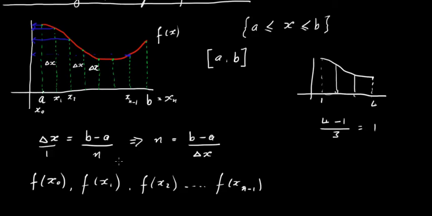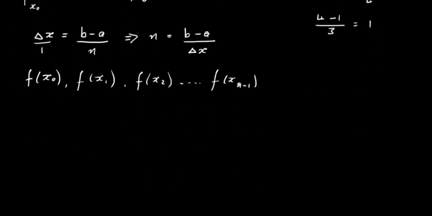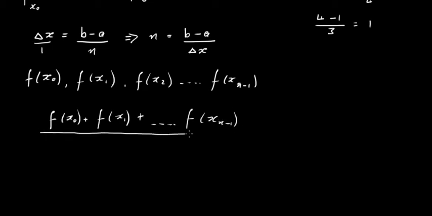Now the average value of those numbers is just going to be all of these numbers added, divided by n. There are n of them. So let me just write that out. I'm going to end up with f of x0 plus f of x1 plus, and so on, up to f of xn minus 1, divided by n.